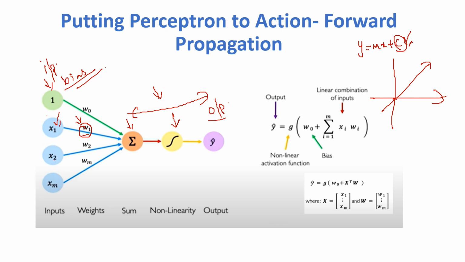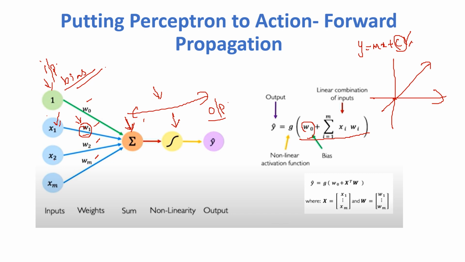Coming to the summation, what the summation does is it takes all the inputs, including the bias, multiplies them with their respective weights, and then sums them up. That's what we see here. This is the weight of the bias; since the bias input is 1, it's W naught.